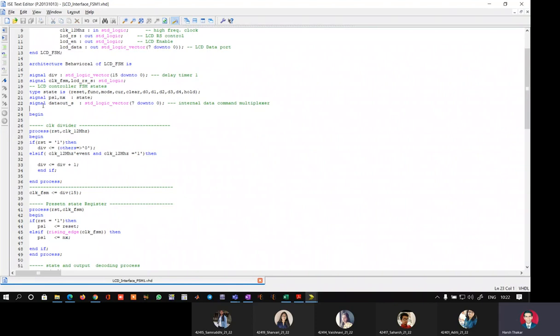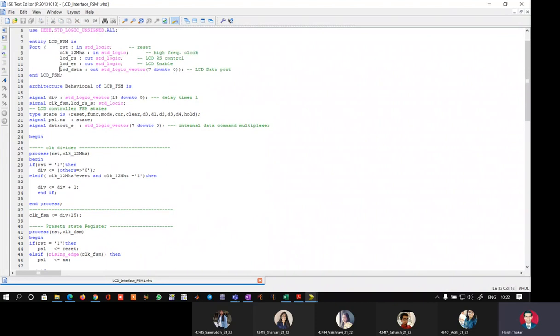Now line number 22, I am defining one more signal called data_out_S, which has the same size as my output signal LCD_data. So these are all dummy signals: clock_FSM, LCD_RS_S, and data_out_S. Dummy signals are always handled within the process, and after coming out of the process, these dummy signal values are assigned to the final output.